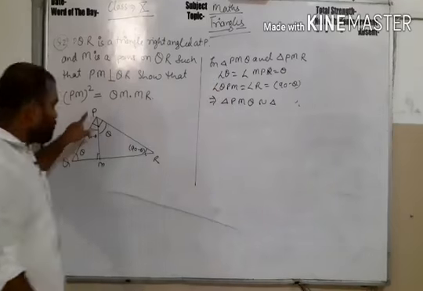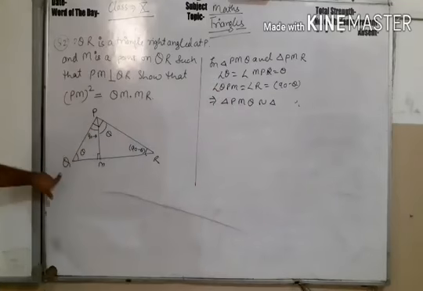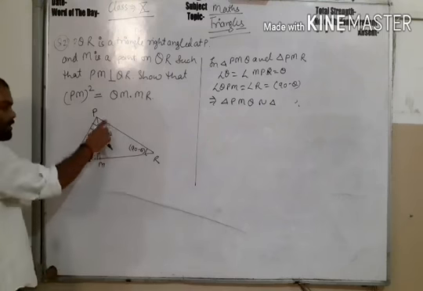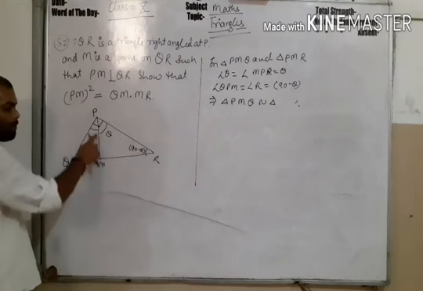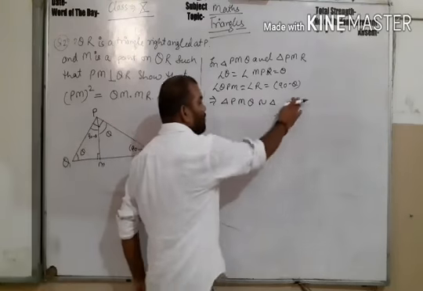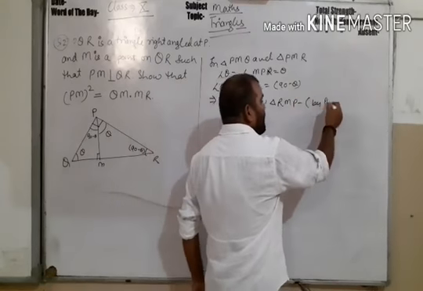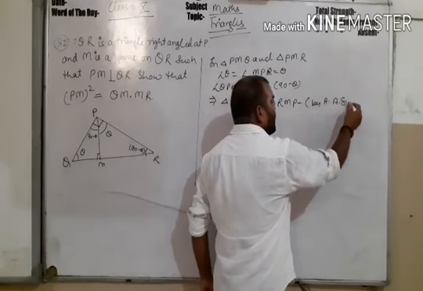We are taking this PMQ: 90 minus theta, then 90, then theta. So 90 minus theta, and 90, and then theta, that is RMP. By angle-angle similarity.